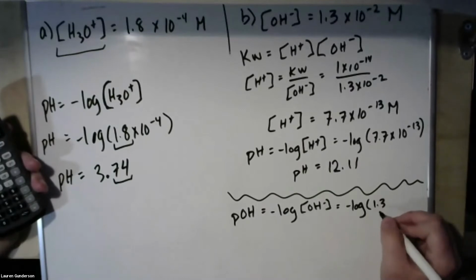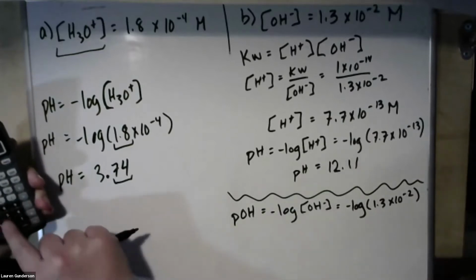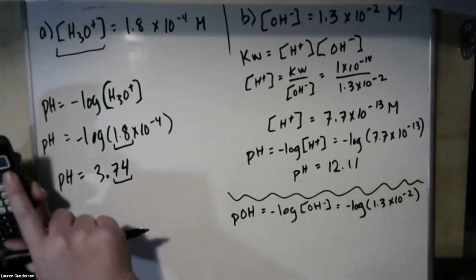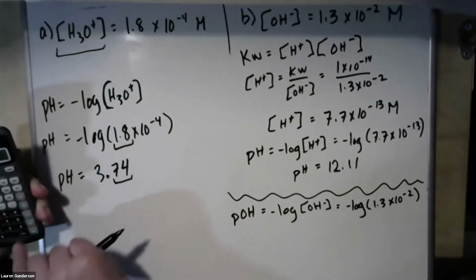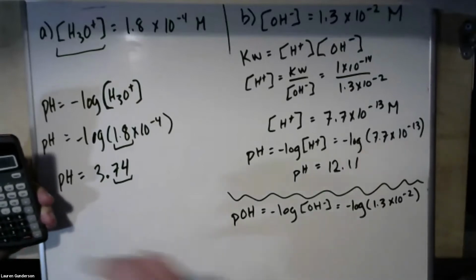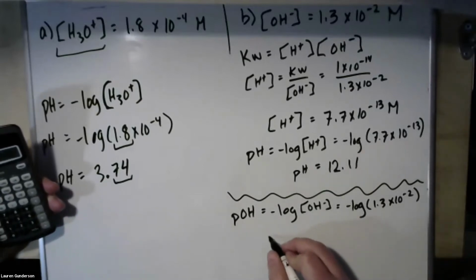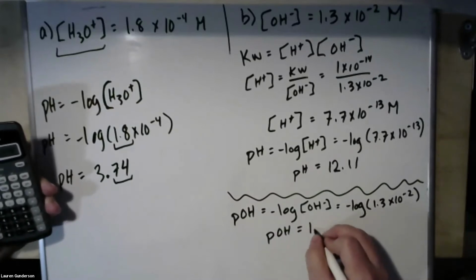And our OH minus concentration is 1.3 times 10 to the negative 2. Okay, and we get a pOH value of 1.89.